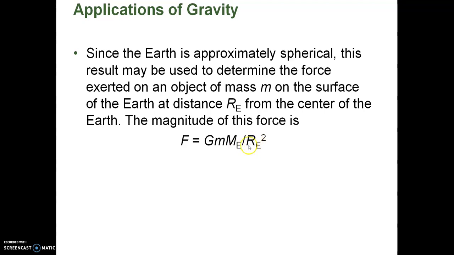Well, the distance between you and the center of the Earth is just the radius of the Earth. So we can plug that in there. We can plug the mass of the Earth in there. We can plug your mass in here. And that's the constant. You can plug that in. We can find the force of gravity acting on you.